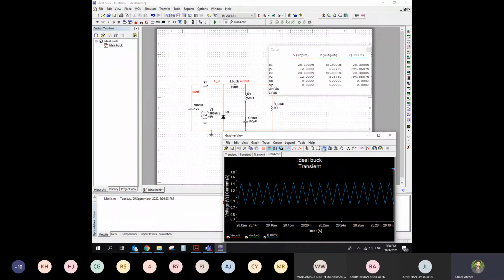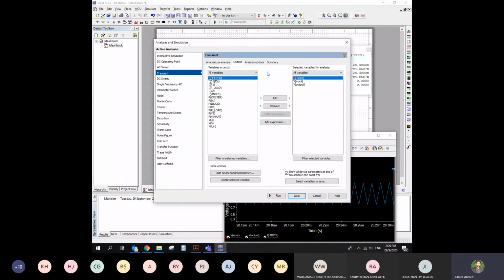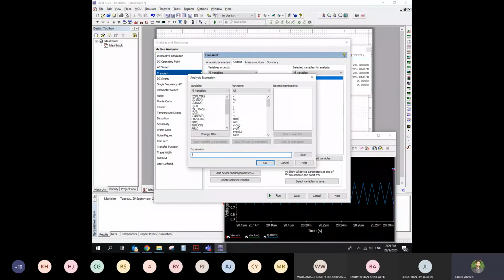There are other ways to measure it. If you go to the transient, I want to find the peak to peak value of IL buck, so I have to add an expression. You can see there are multiple expressions you can put in, like average, absolute, tangent, Boltzmann constant, conjugate, exponential.